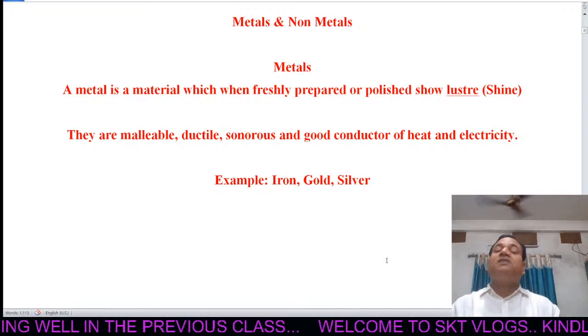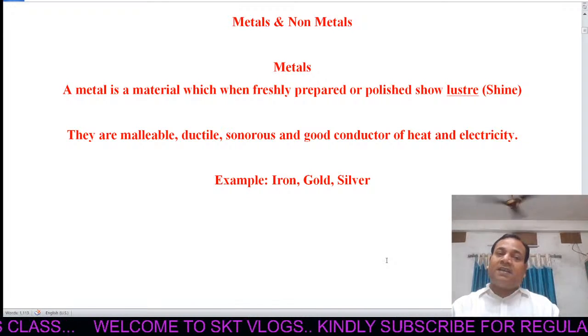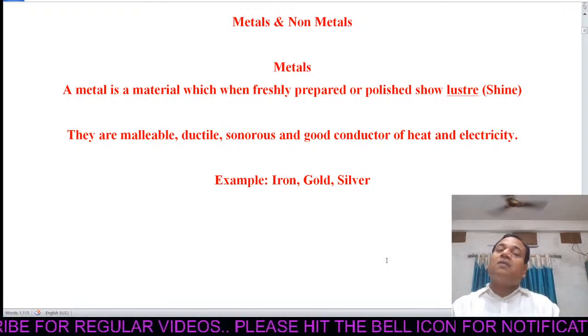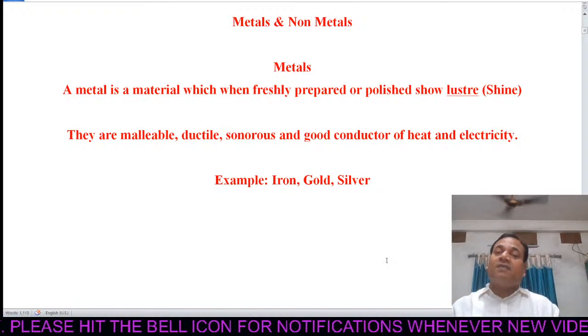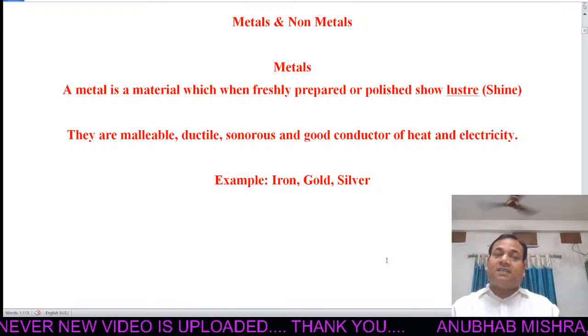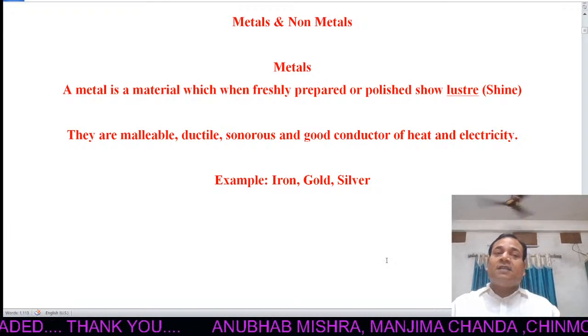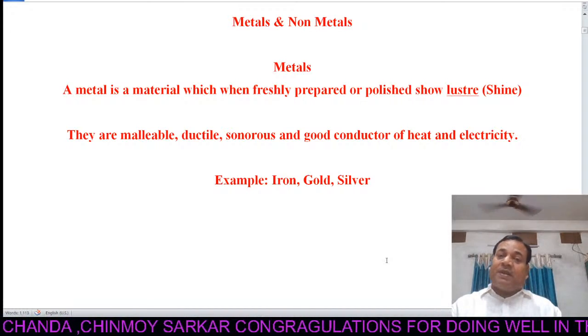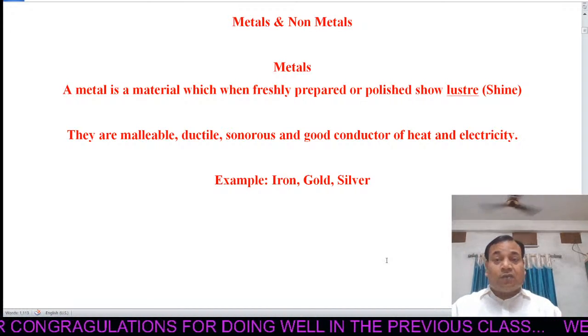Luster means shine, वो चमकता है. अगर नए नए मेटल्स को बनाया जाए, प्रोड्यूस किया जाए या पॉलिश कर दी जाए, तो जो मेटल होगा वो क्या होगा? चमकेगा, उसमें शाइन आ जाएगा. That shine we call luster. So what is a metal? A metal is a material which when freshly prepared or polished shows luster.